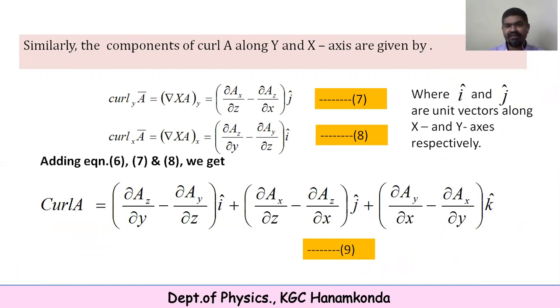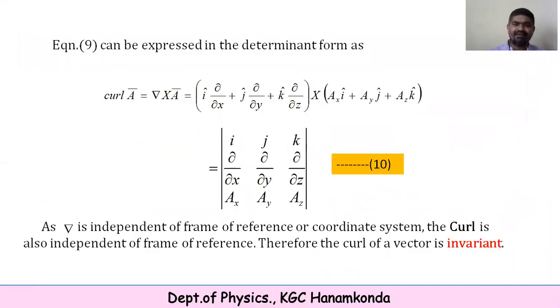In this way, we have calculated the mathematical expression for the curl of a vector field, which coincided with the mathematical operation where we performed a cross product between the del operator and vector A. So equation 9 is the same value as in the first slide. Therefore, the curl of A bar is written as del cross A bar, that is equal to (i ∂/∂x plus j ∂/∂y plus k ∂/∂z) crossed with the vector field, which is written as Ax i plus Ay j plus Az k.